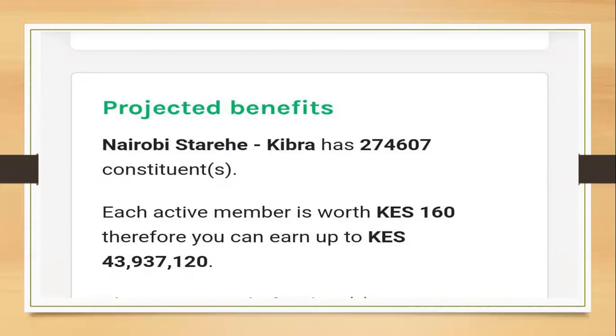And of course, not everyone will activate, but let's assume you just realize 10% of this, you're able to garner a total of 4.3 million Kenya shillings through your bank.